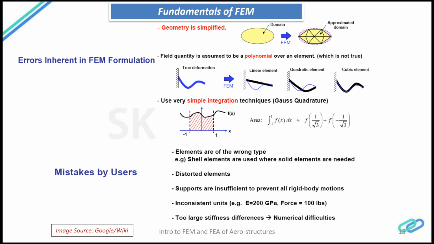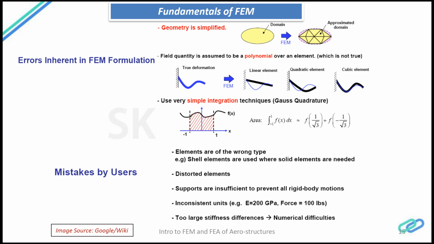It doesn't bend or curve. So one has to be really careful in the selection of elements for a particular type of structure, to be structure specific and analysis specific, just to make sure that they capture the behavior very closely.